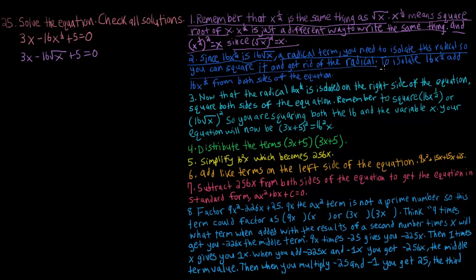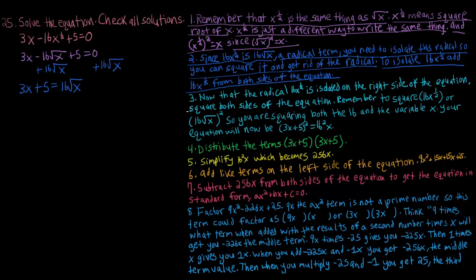To isolate 16x to the half power, add 16x to the half power to both sides of the equation. So we just want to add 16 square root of x to both sides of the equation. That way we can isolate the radical. That gives us 3x plus 5 equals 16 square root of x. Now step 3.